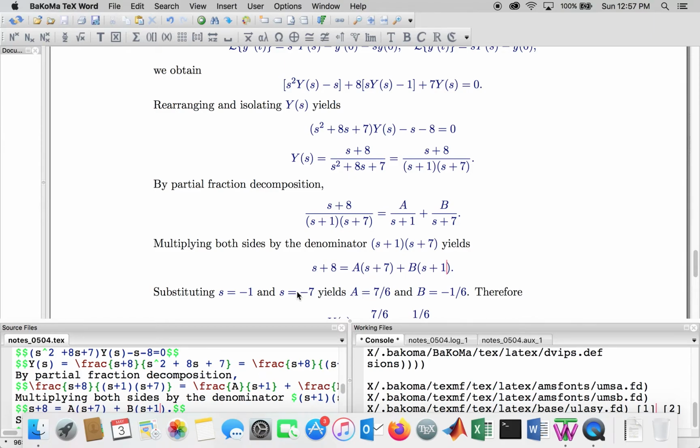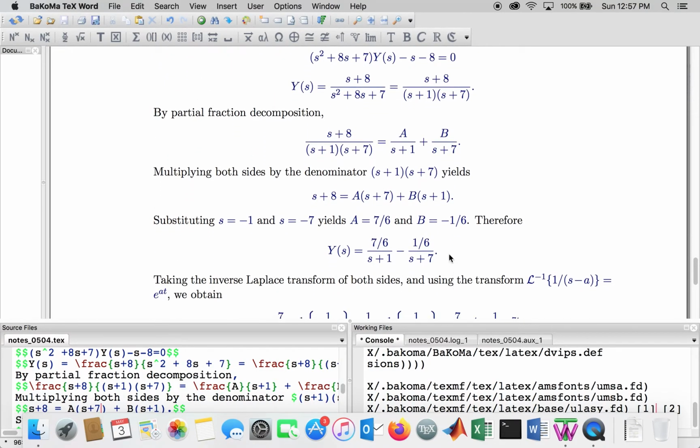When you substitute s equals minus 7, the a term goes away, and you have minus 7 plus 8 is plus 1 on the left, and then minus 7 plus 1 is minus 6 on the right. So you'd have 1 is equal to minus 6b, so b is minus 1/6.